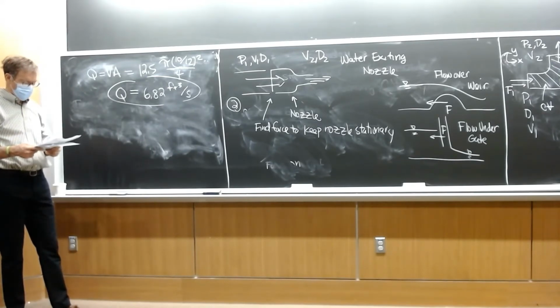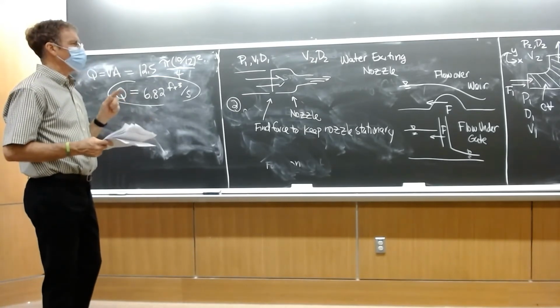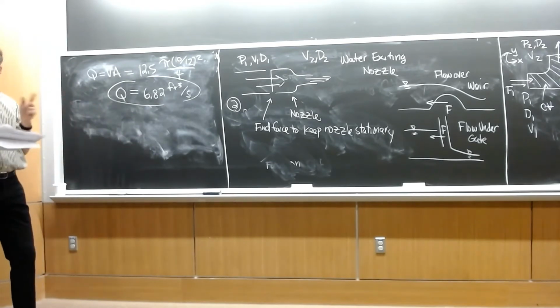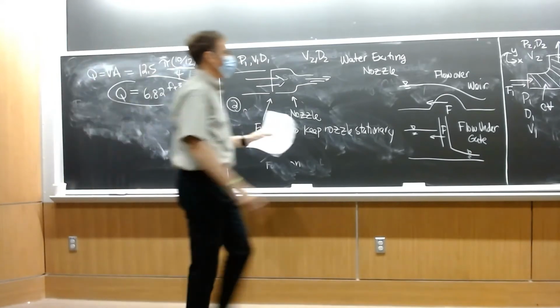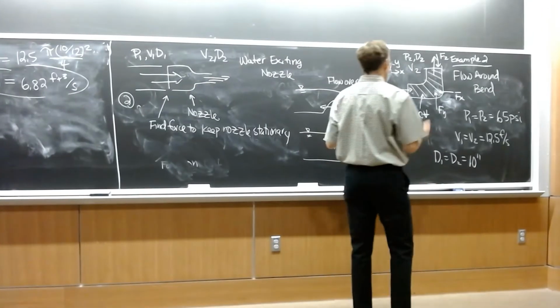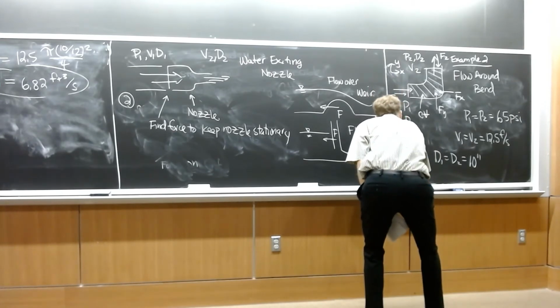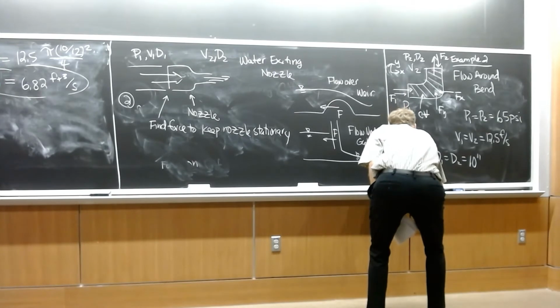All right, so we should then find the components of the velocity at the x location, or the 1 location and the 2 location. What I haven't said explicitly is that we want to find F sub x, F sub y.